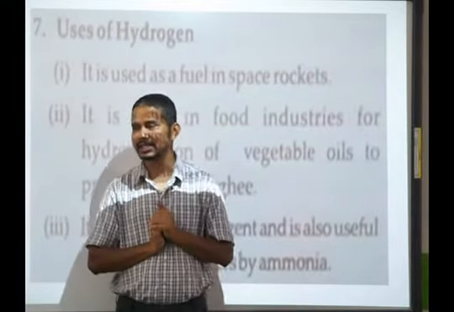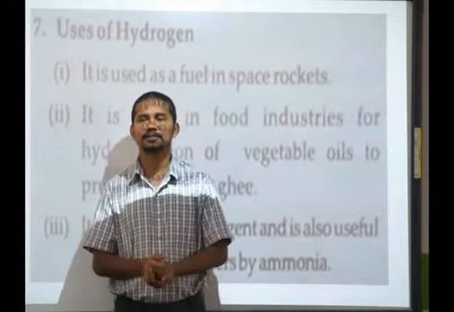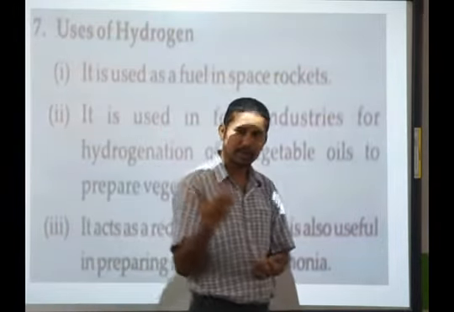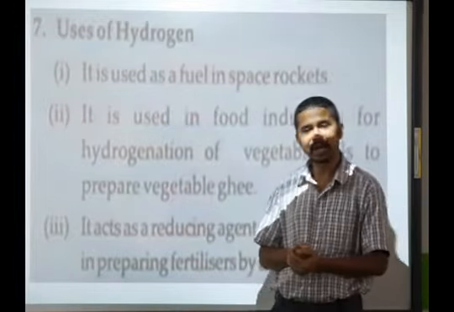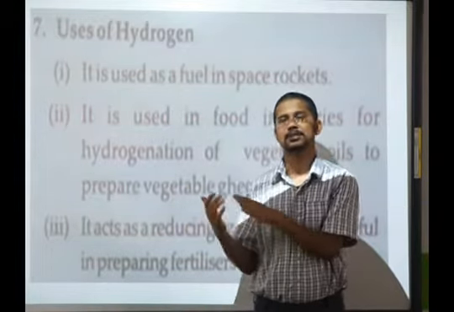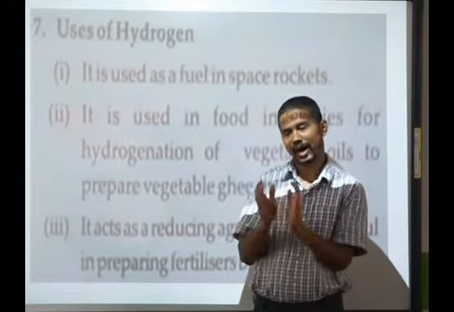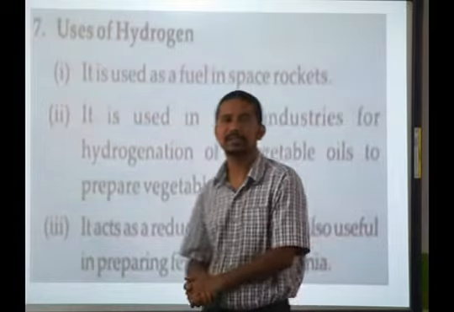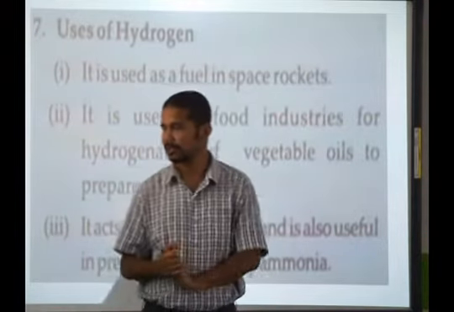This vegetable ghee is prepared by reacting vegetable oils with hydrogen. Hydrogenation means addition of hydrogen. So hydrogen is added to vegetable oil in order to get Dalda or vegetable ghee.